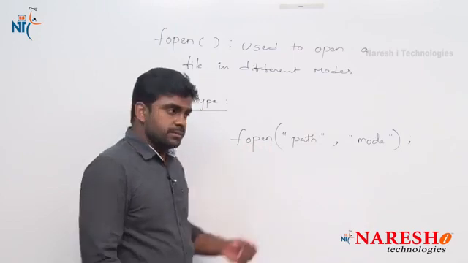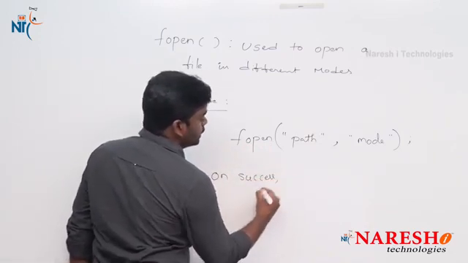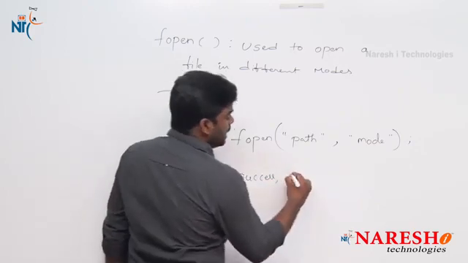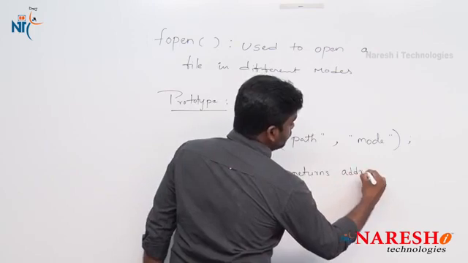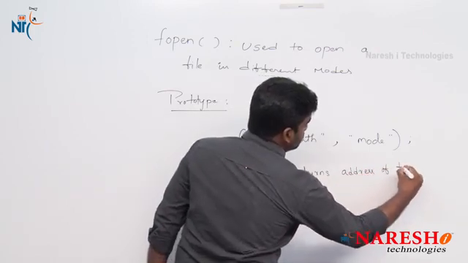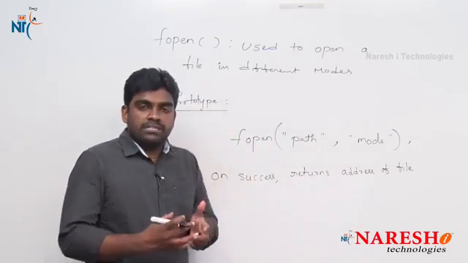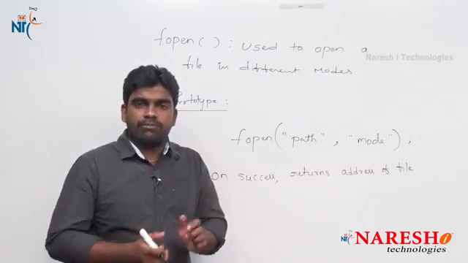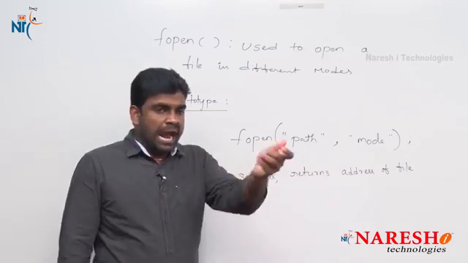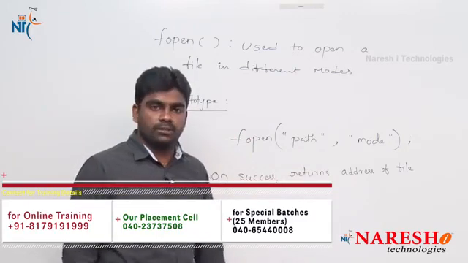On success, it opens a file and returns a pointer to the file, the address of the file. If the file is present, the fopen function will first open the file. After opening, the file is loaded at a particular memory location, and the address of the file will be returned. On success, it will return the address of the file.